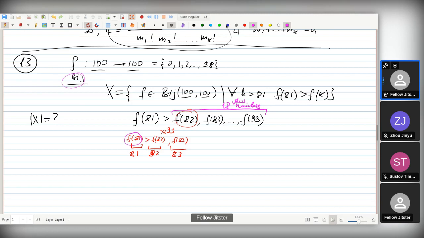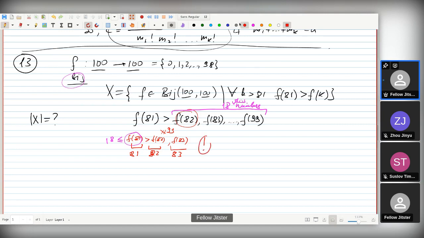So the least possible value for this is 18. 18 is greater than 0, 1, and so on up to 17. So we have quite a lot of constraints, and it is not that clear how one can solve them. Do you agree? But there is a very easy way to solve it.